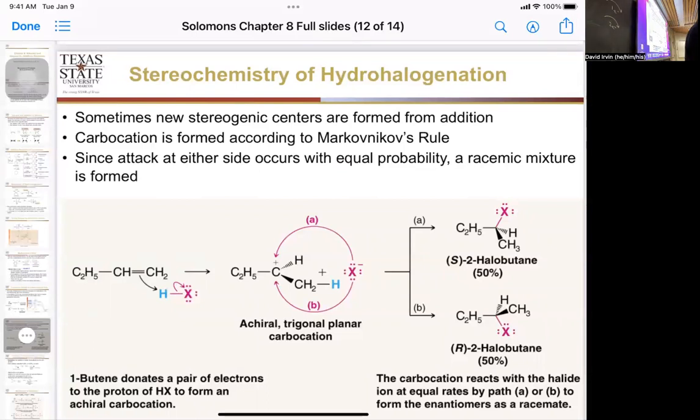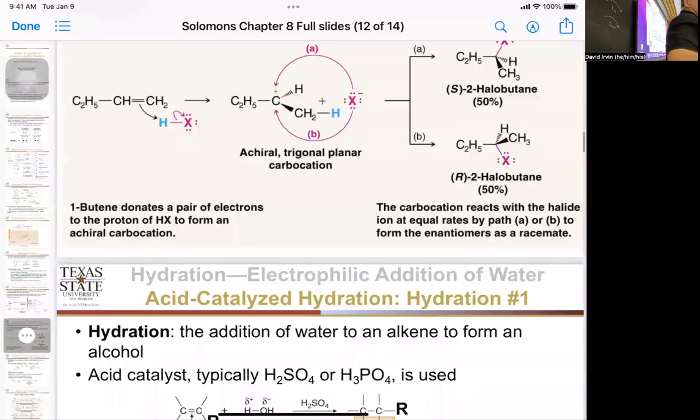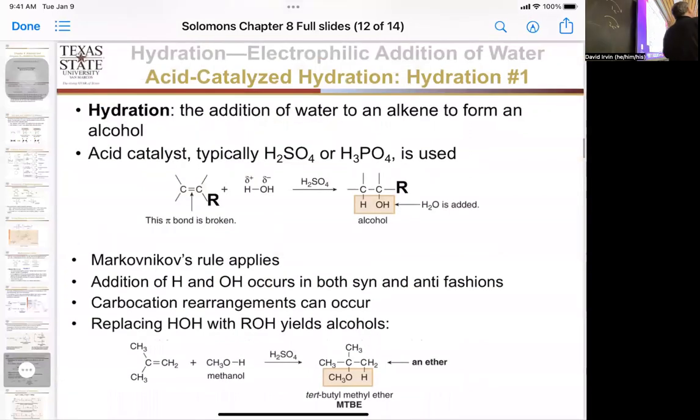Okay, so that being said, let's move on to the addition of water to an alkene. In this, we typically use an acid catalyst, like a hydronium ion, as the electrophile, and our double bond is our nucleophile, right?